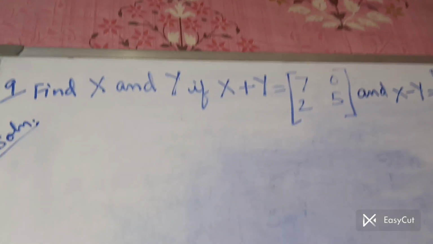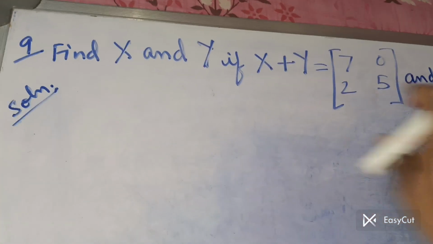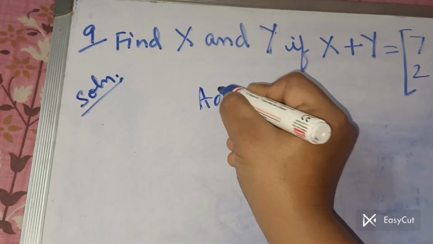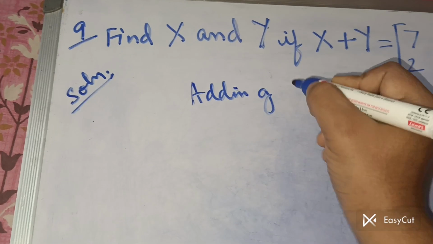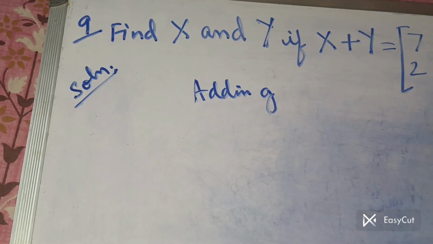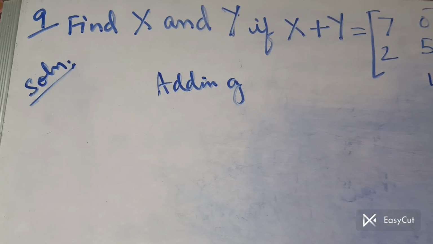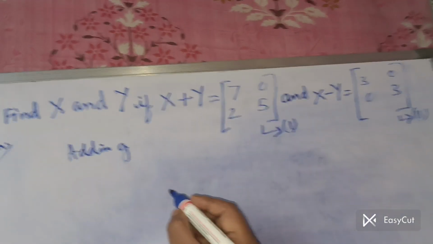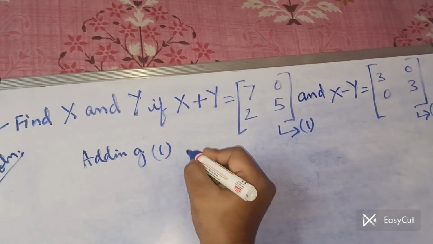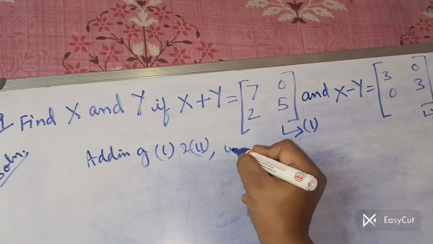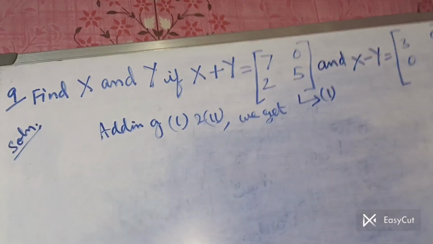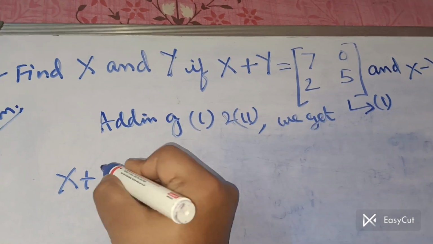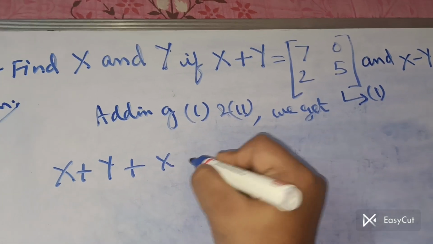See, we can do one thing. We can add these two matrices. Let's see what happens. Adding, if you consider this matrix as 1 and this matrix as 2, then adding 1 and 2 we get x plus y plus x minus y.